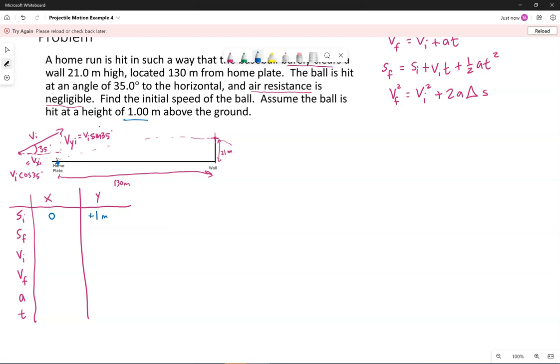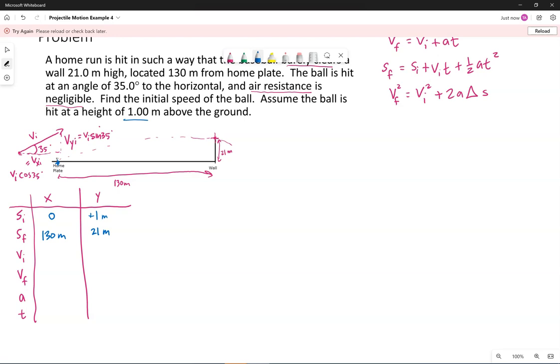Finally, we're told the ball has just barely cleared this wall. That wall is 130 meters away, so that would be our final x position. And we're told that it is 21 meters tall. To just barely clear it, we're essentially saying the ball is just barely above 21. So by saying 21, we're okay.